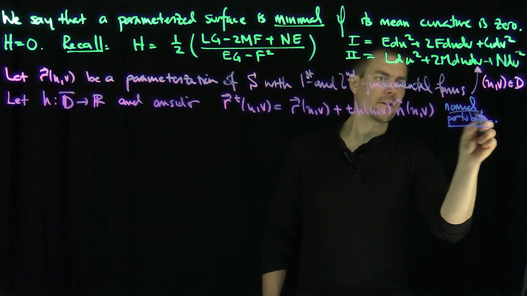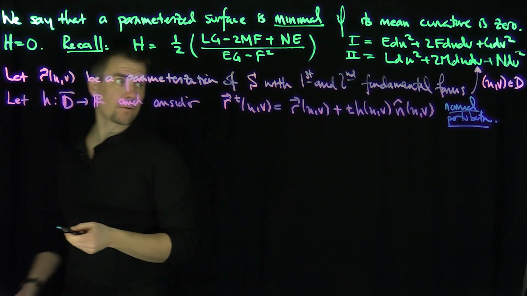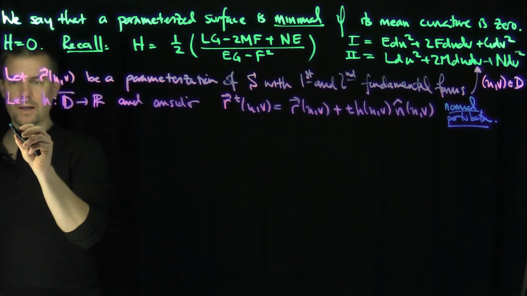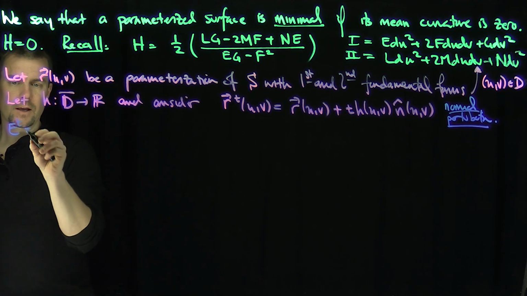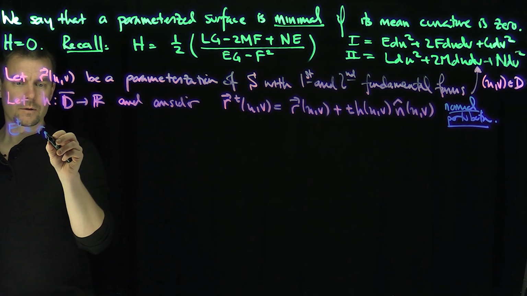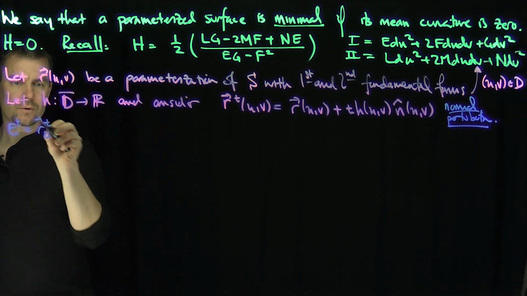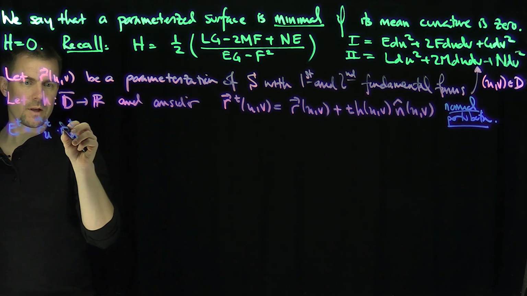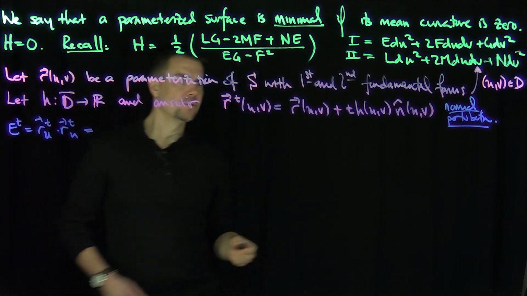Okay. Now I want to find the first and second fundamental forms of R^t, right? So let's write E sub t. E sub t is going to be R^t sub u dot R^t sub u. And so now let's do it, right?